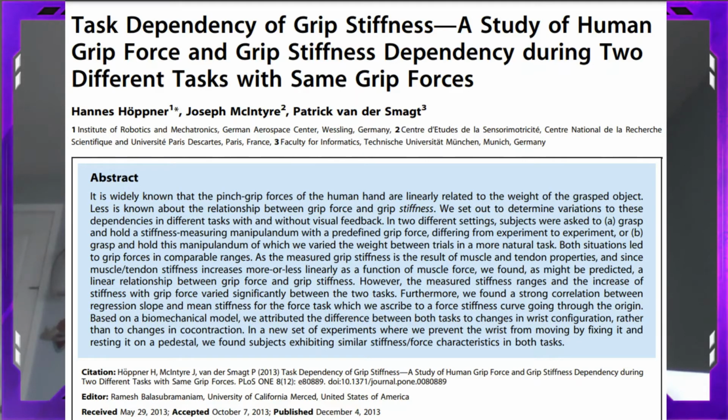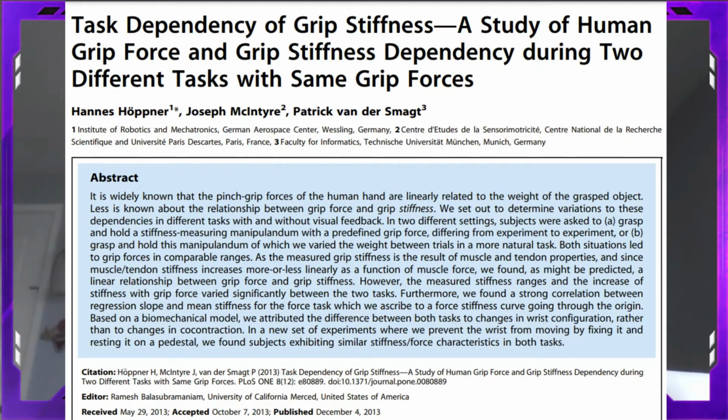As the measured grip stiffness is the result of muscle and tendon properties, and since muscle tendon stiffness increases more or less linearly as a function of muscle force, we found, as might be predicted, a linear relationship between grip force and grip stiffness. Okay, so we've gotten the results and discussion right there, and we're about to jump into the conclusion.